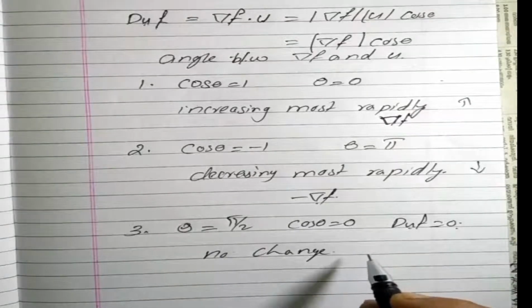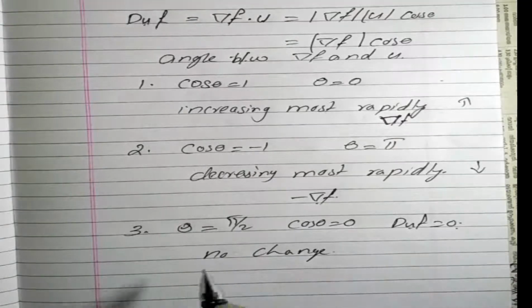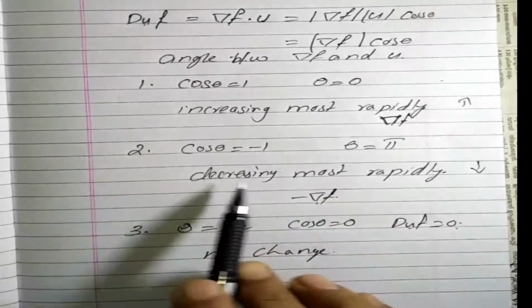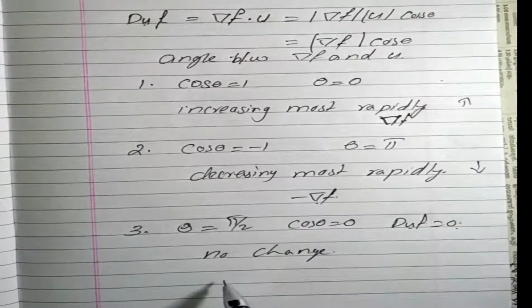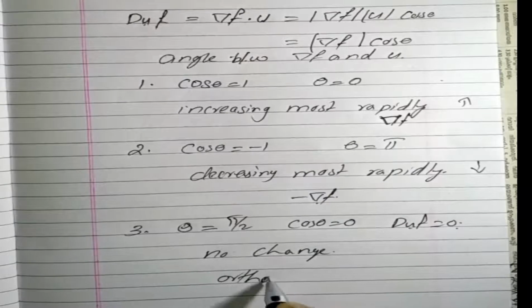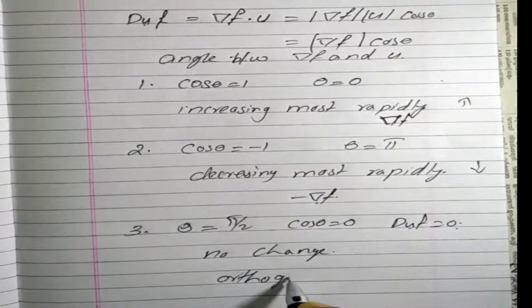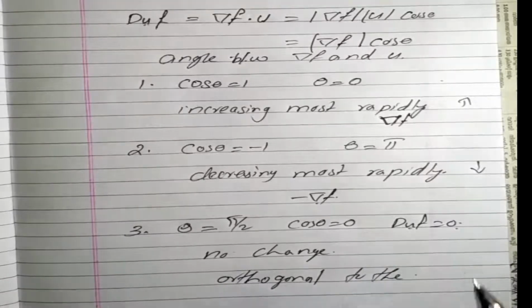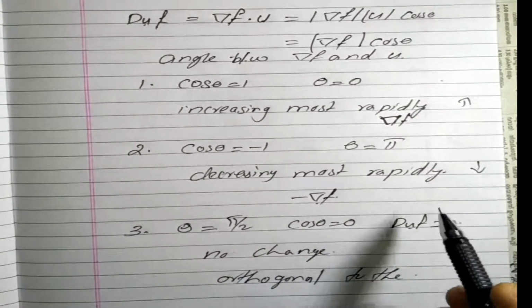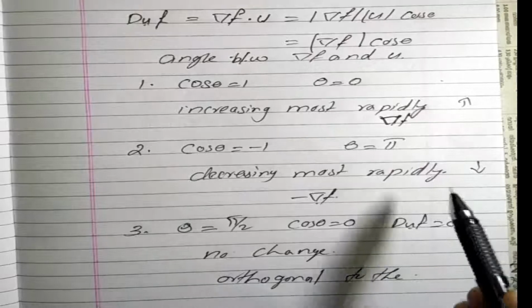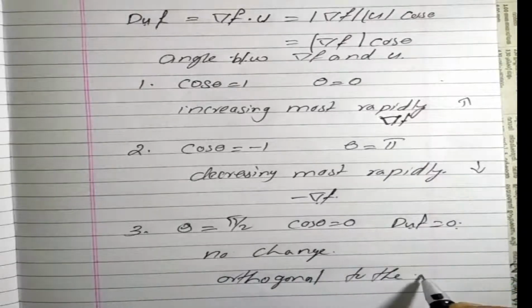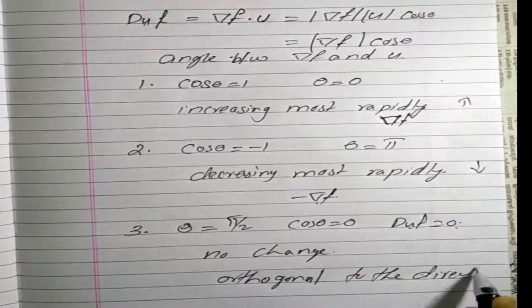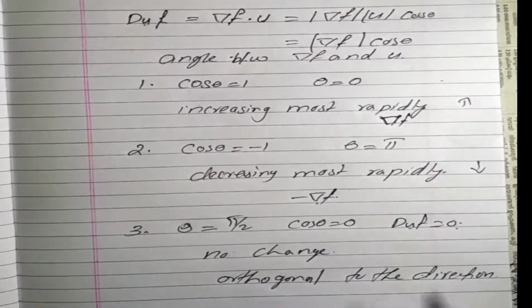The function is orthogonal to the direction: here it will be increasing, here decreasing, and the third one is orthogonal. It is orthogonal to the direction, not to the function. Which direction? The direction of gradient f.